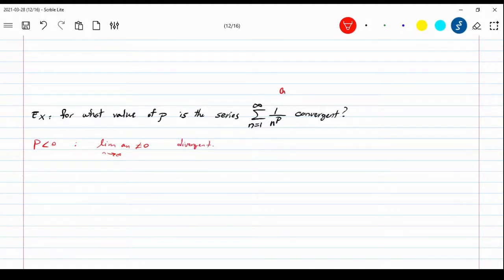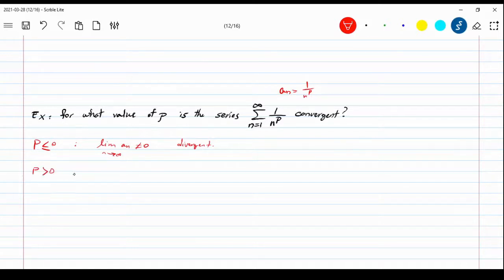Where an is 1 over n to the power p. And also if p is less than or equal to 0, because if it's 0, then you have a constant. What if p is greater than 0?